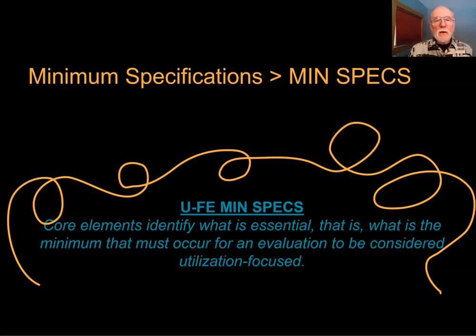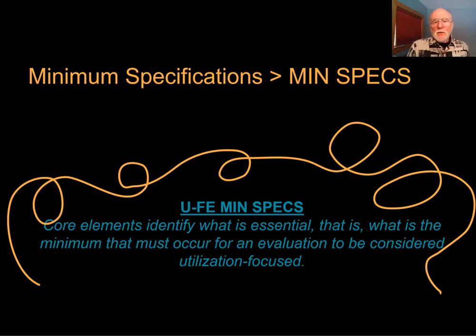Now, part of the context for this is that over the 40 years since the first publication of utilization-focused evaluation, there have been a great many applications that call themselves utilization-focused, but don't actually manifest the min-specs. I receive reports and examples of evaluations regularly, and it's what we call the Fidelity Problem.